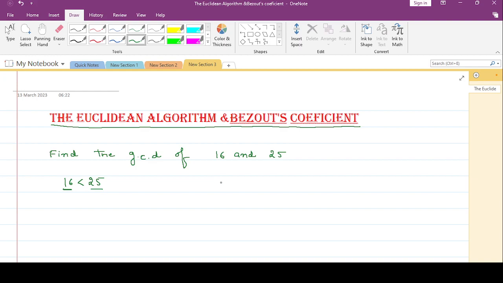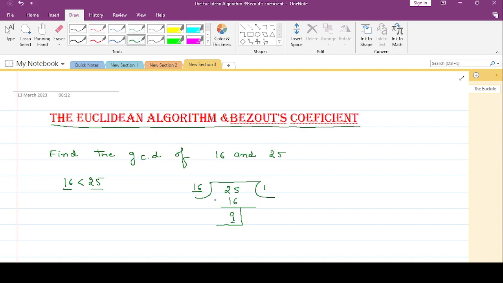Okay, divide 25 by 16. So 16 ones are 16. What is the remainder here? The remainder here is 9. Okay, now you check this remainder. This remainder is less than this previous divisor.